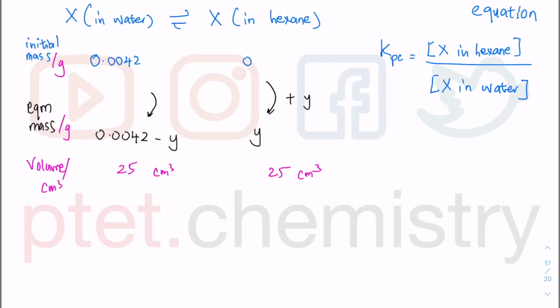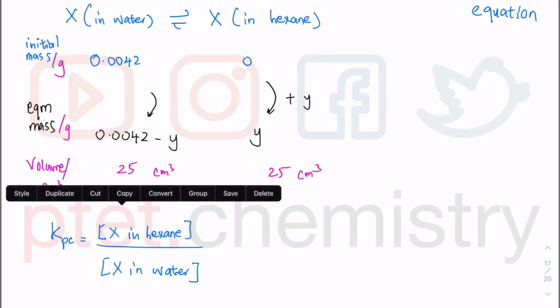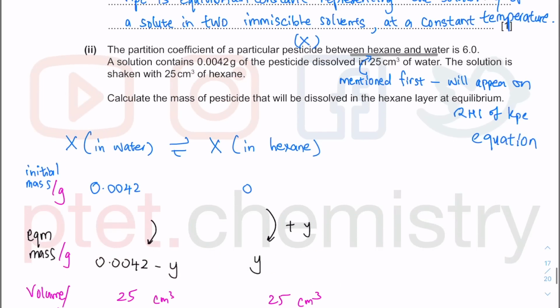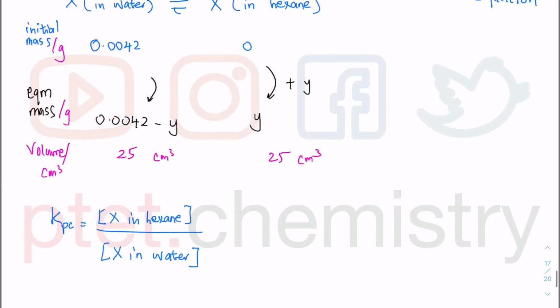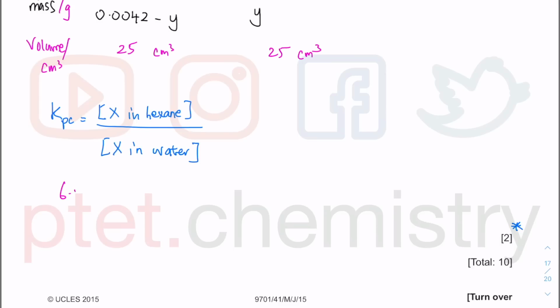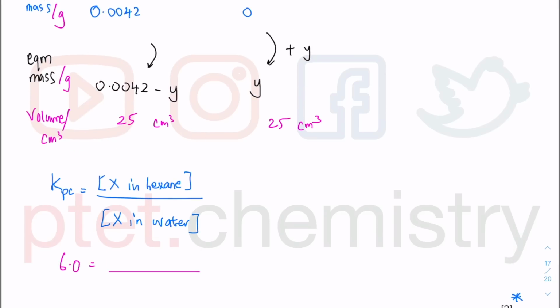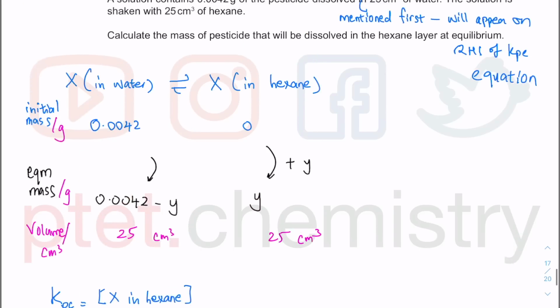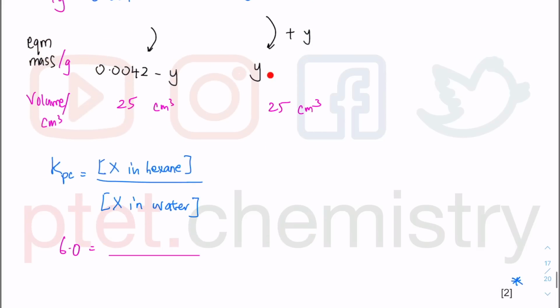Alright, now what do I know then? I know my Kpc. This is a lot of space. It's very nice to work with when there's a lot of space. 6.0 for my Kpc. So I have 6.0 equal to solubility in gram per dm cube in hexane, which is the one on the right hand side of the equation, so Y gram divided by 25, Y divided by 25.